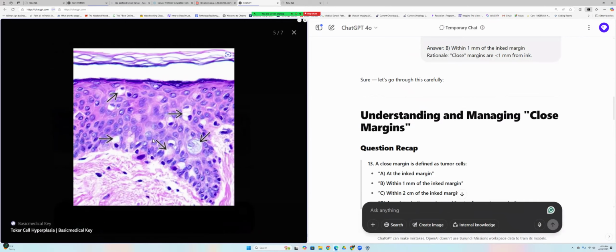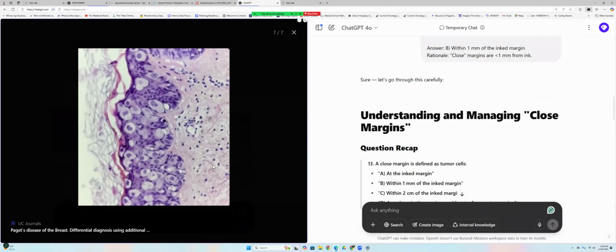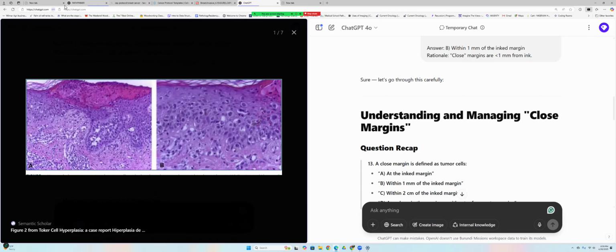Now see them, Toker cells. They don't have hyperchromasia, necrosis, hyperpleomorphism, or high N:C ratio. They don't have all these things. This one even looks mucinous. It's actually Paget disease. There's mucin staining; there's mucin in Paget disease at times.